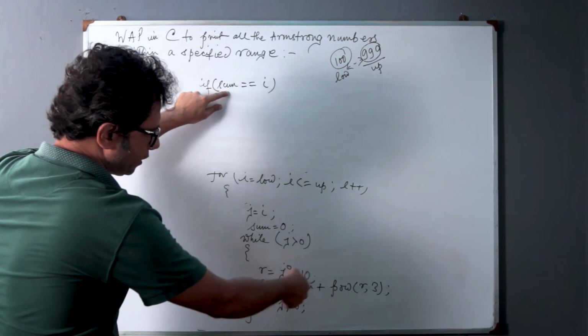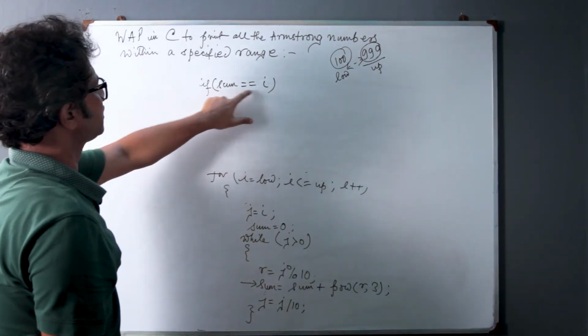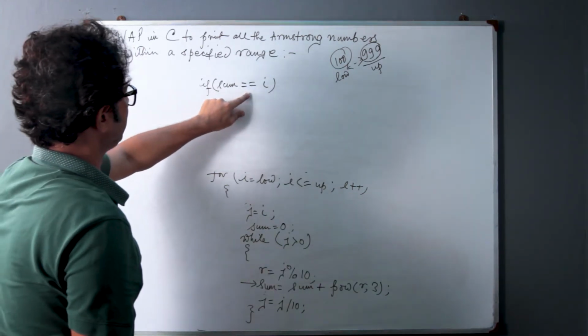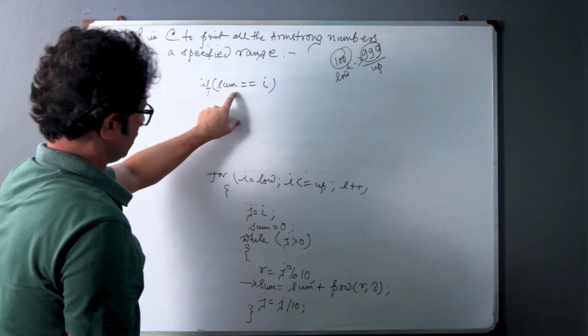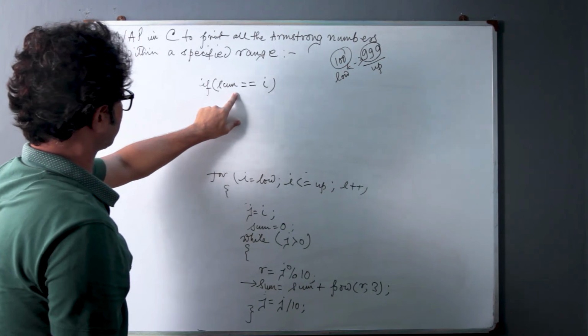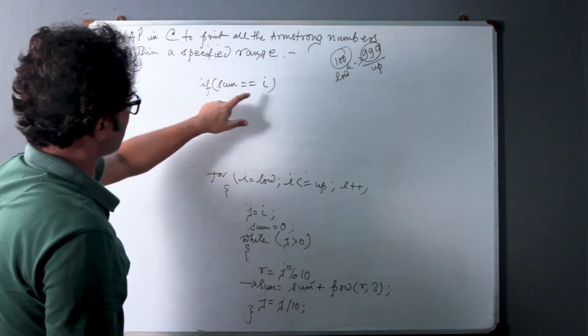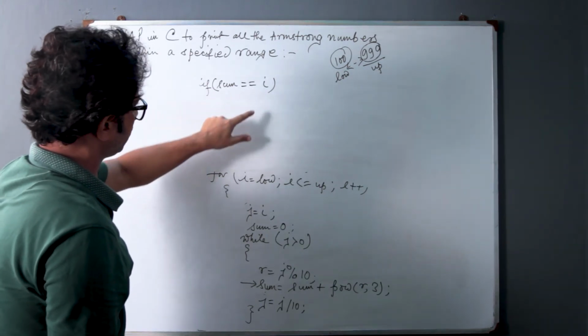This sum will be tallied with this i in order to see whether the sum is equal to i. If this becomes equal, definitely we can conclude that this i was an Armstrong number.